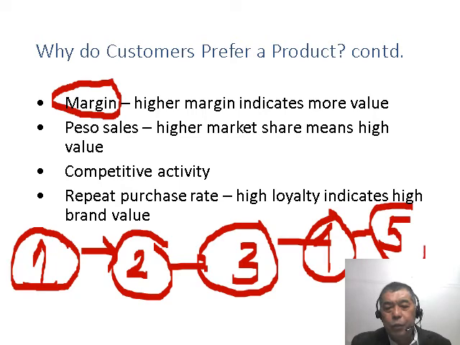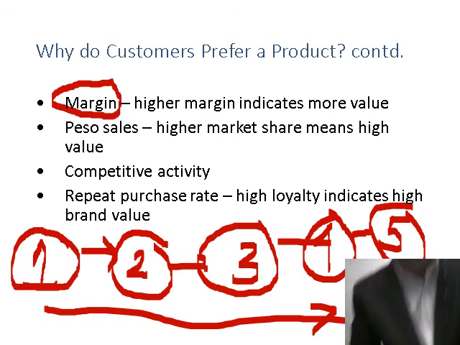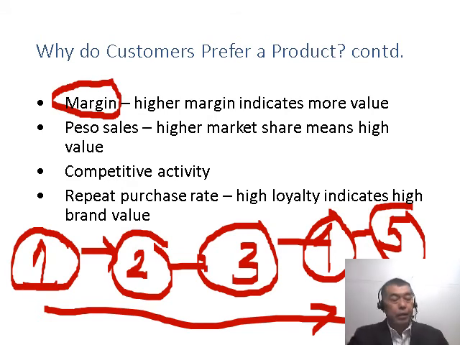So every consumer has to go through this consumer buying behavior process. If a consumer does not follow the consumer buying behavior process, he is considered an abrupt buyer or impulsive buyer. Okay.